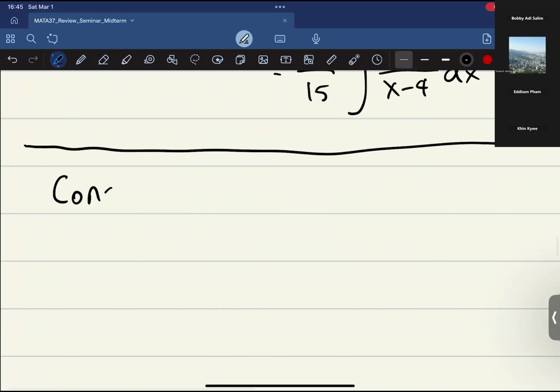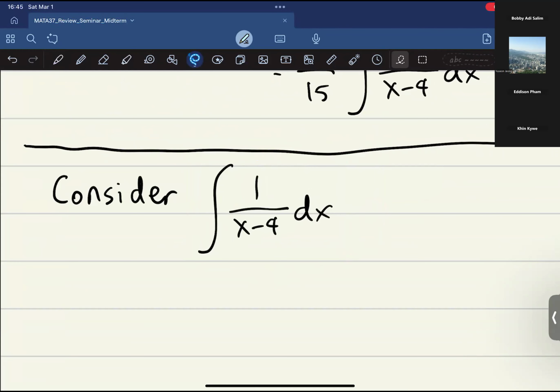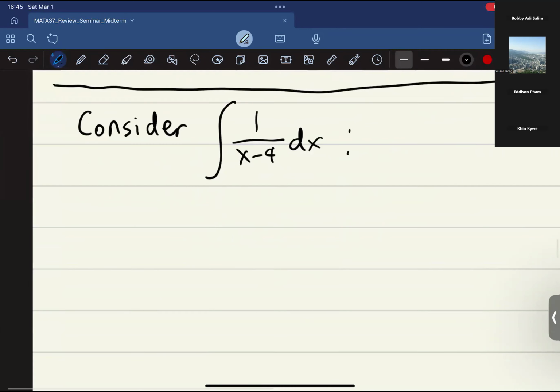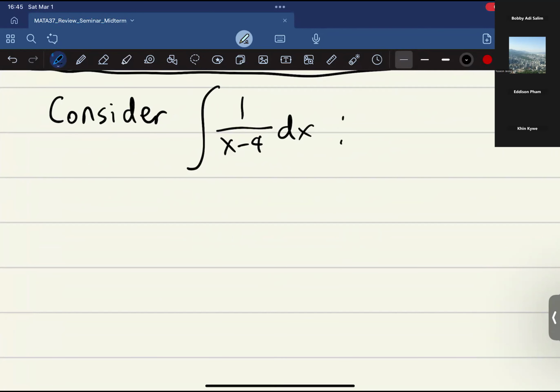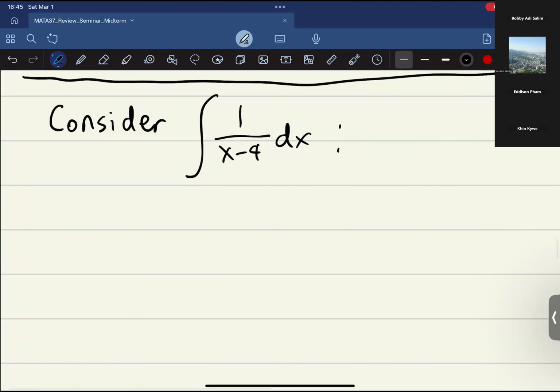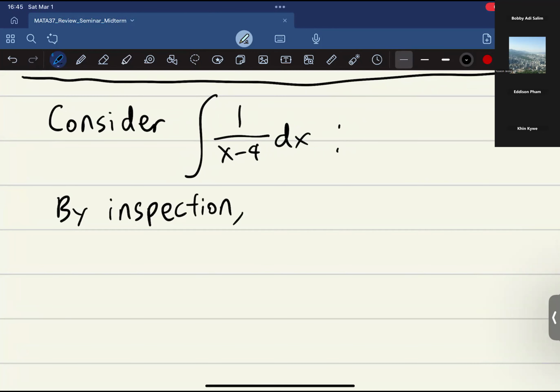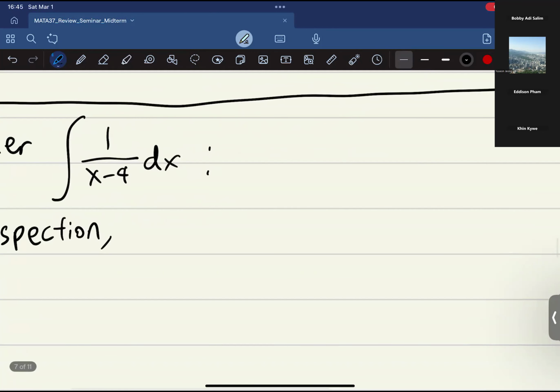Guess the antiderivative of 1/(x minus 4). Okay, yeah. So by inspection, the integral is equal to ln|x minus 4| plus C.